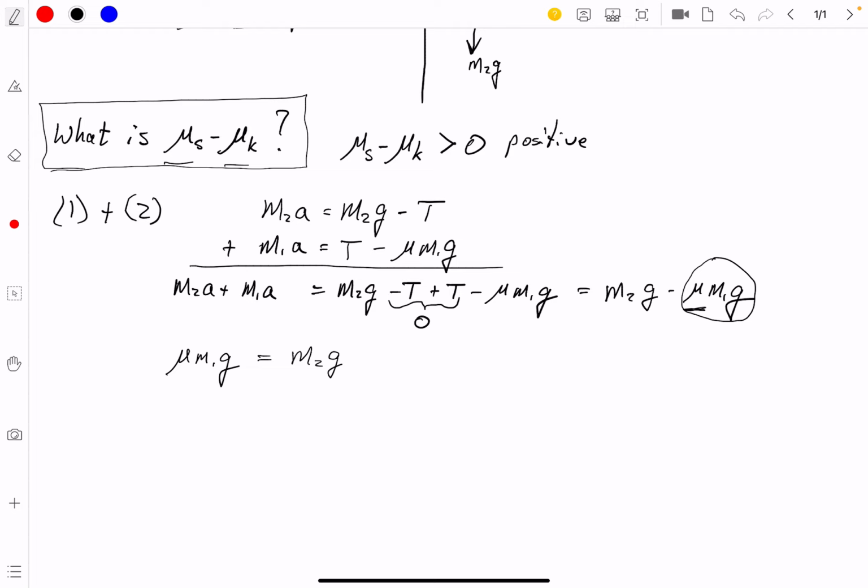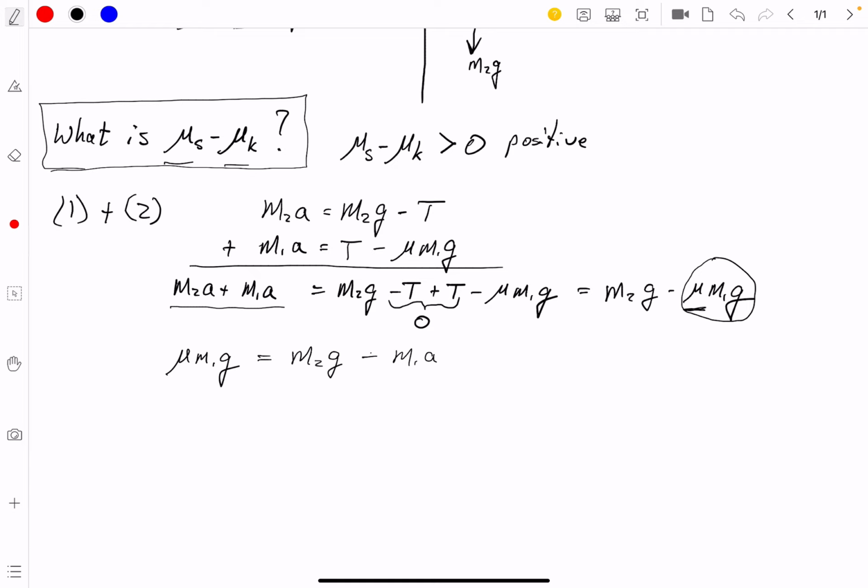I need to move this to the other side of the equation with the m2g. So I'm going to do that. I have to make it negative.